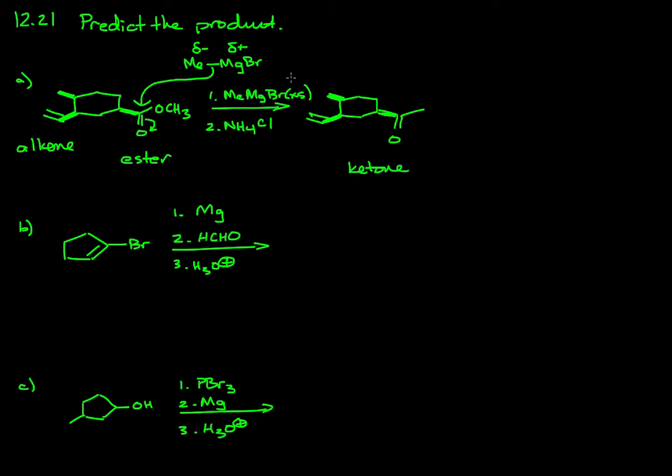You'll notice that we're running this reaction with an excess of this reagent, so a second equivalent is available to attack that ketone. The product of this step is going to be an alkoxide.